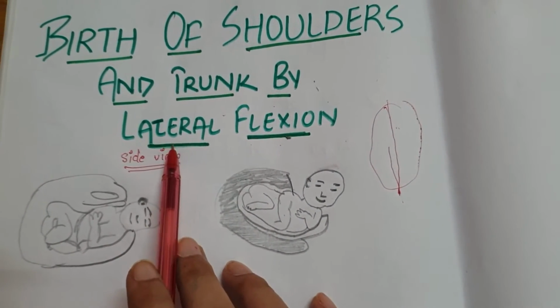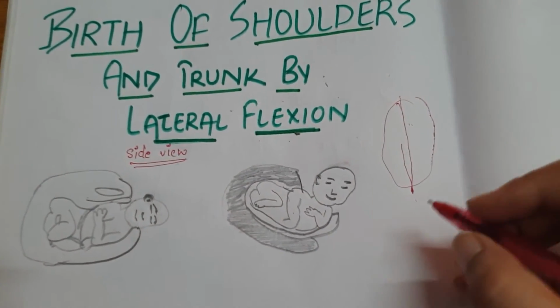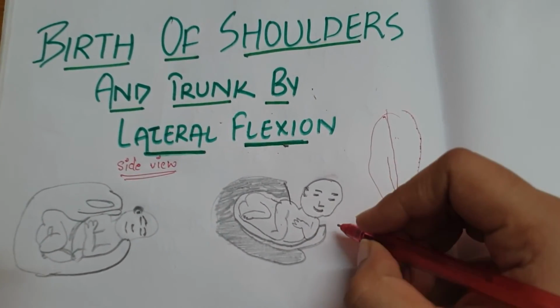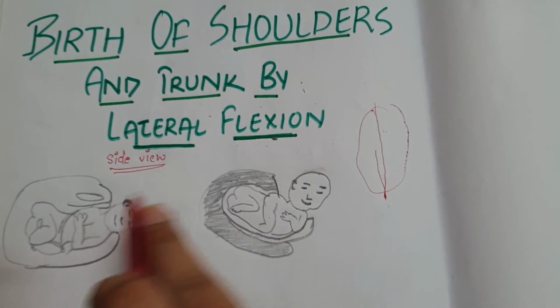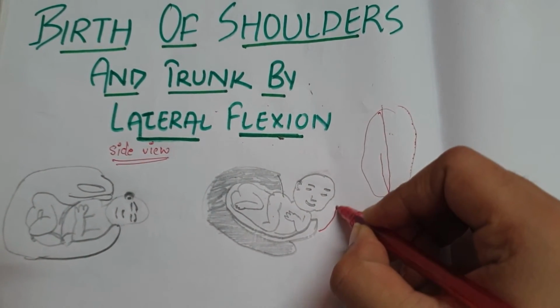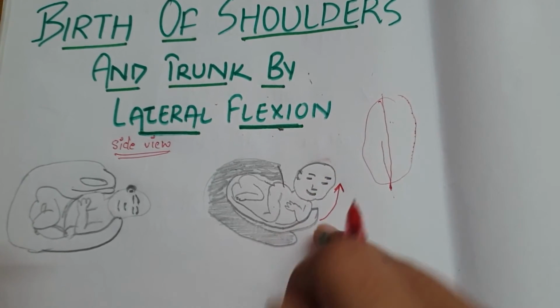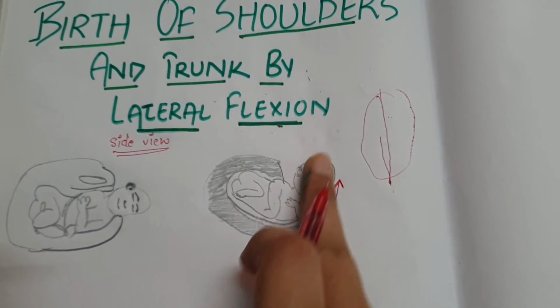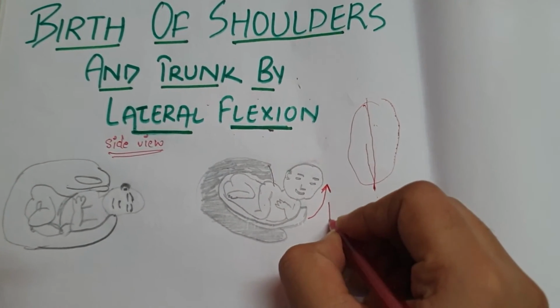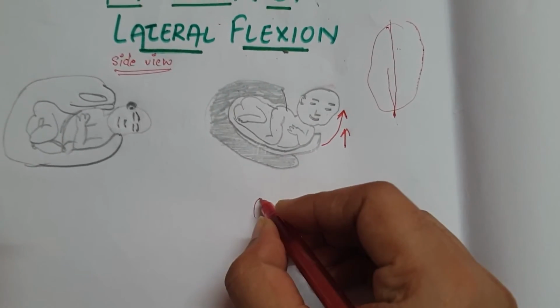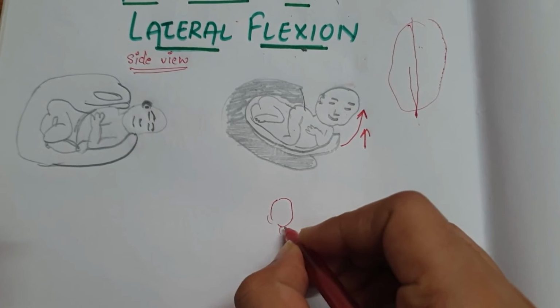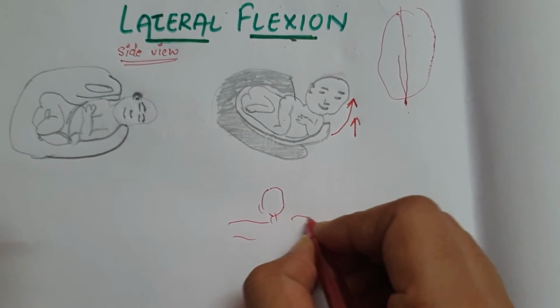So here, what is lateral flexion? Here the full body is in the anterior posterior diameter, and here the lateral flexion occurs. Like, the head moves upward. So lateral flexion is like this: this is the head of the person, this is a shoulder.